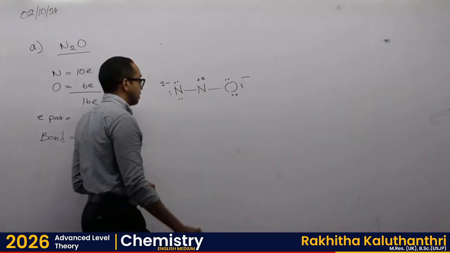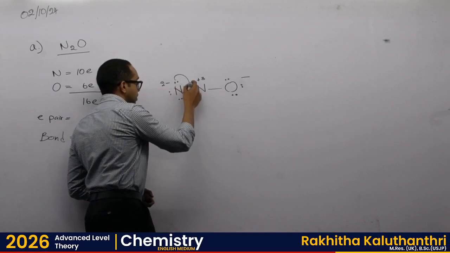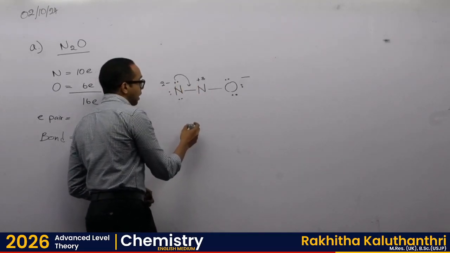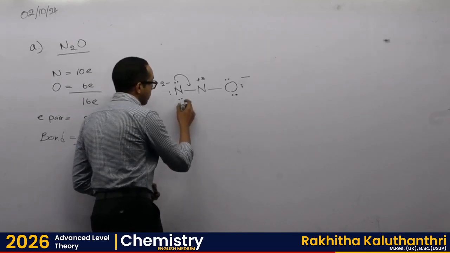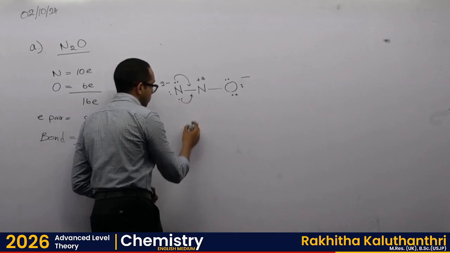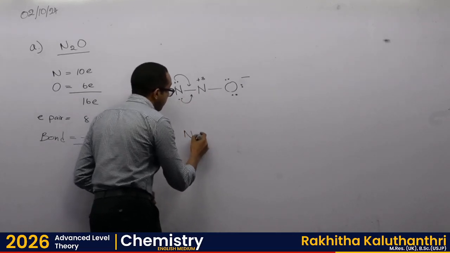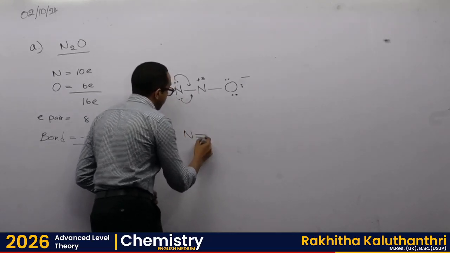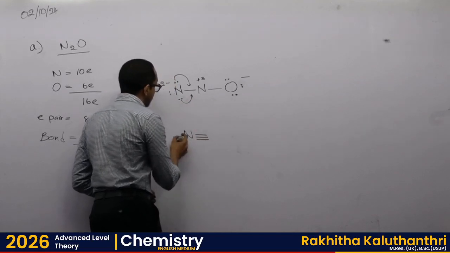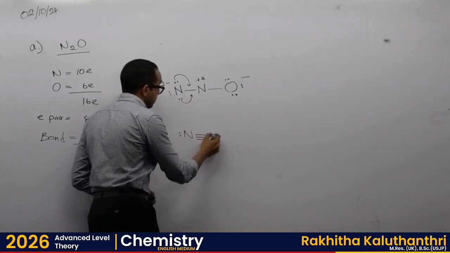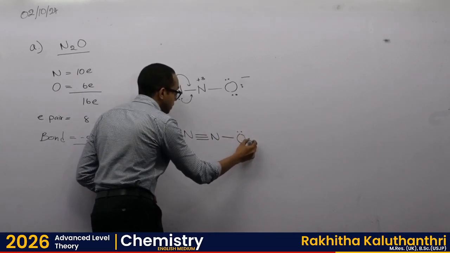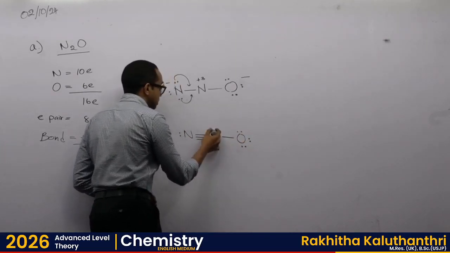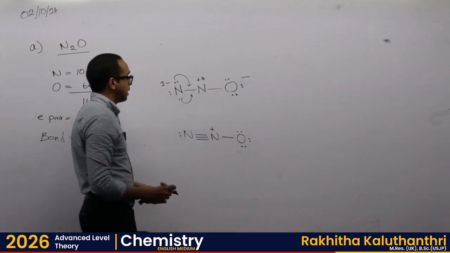So therefore plus 3. So you convert these lone pairs into bond electron pairs and then you get to the answer. So if you convert these 2, you get to a bit of a stable Lewis structure like this, right?